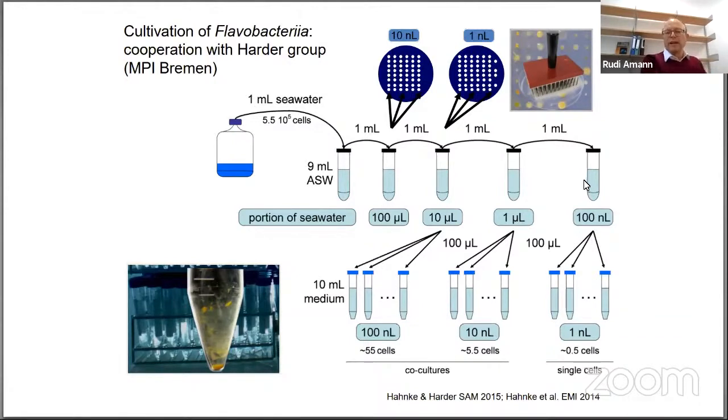On average, cultivation efficiency is never 100%. It is variable from place to place, from time point to time point, but overall, the efficiency might be only in the range of a few percent, maybe 10%, maybe even less.